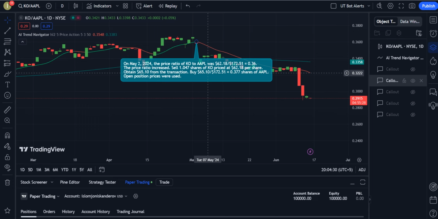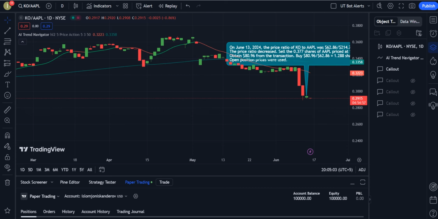So we would buy 0.377 shares of Apple stock, and the open position prices were used for this transaction.